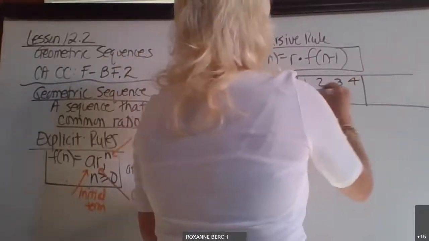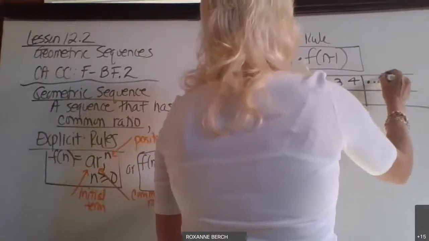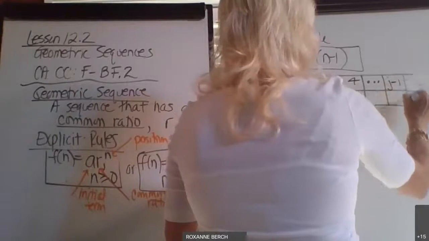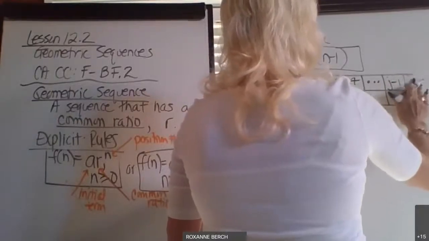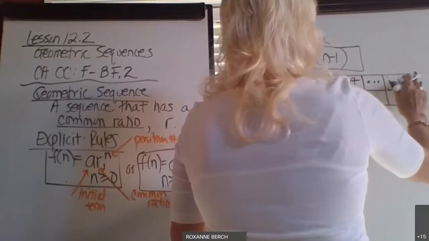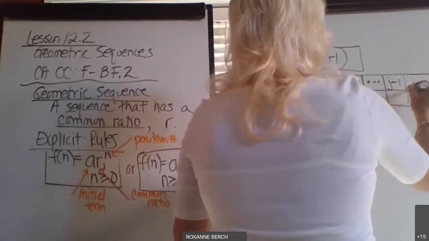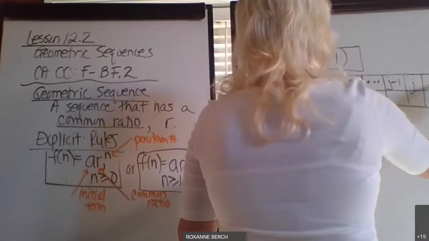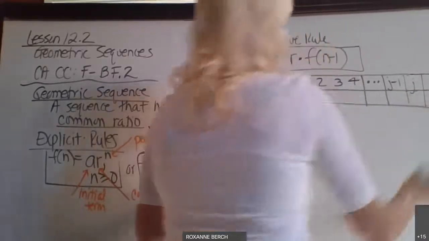And then look at how this table is. It's a dot, dot, dot, and then a j minus 1 and a j, and then a dot, dot, dot. So this table goes forever.